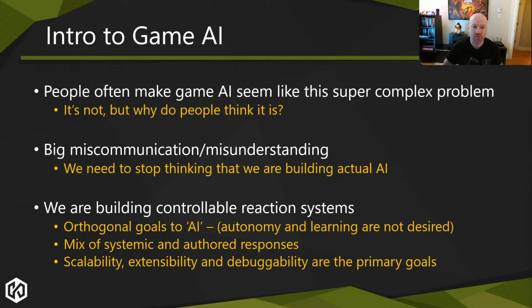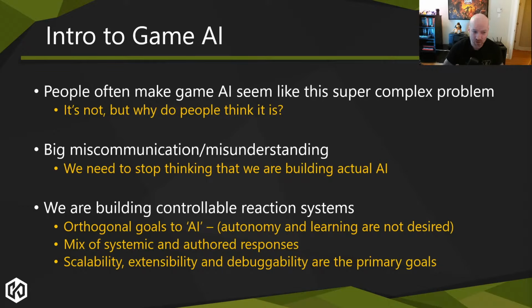Additionally, a lot of people make game AI seem to be this super complex thing of a million moving pieces and all this craziness. Realistically, it's not, but there is this misconception. And I think this is going to annoy a lot of AI programmers, but we're not building AI, and we need to stop pretending we're building AI systems in games. We're not. What we're doing is we're building a simple reaction system, right?